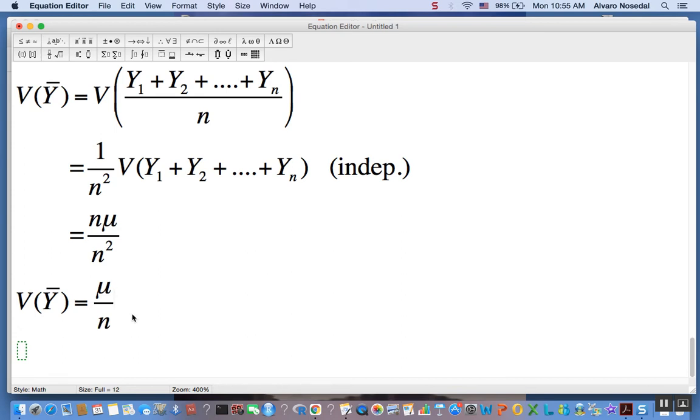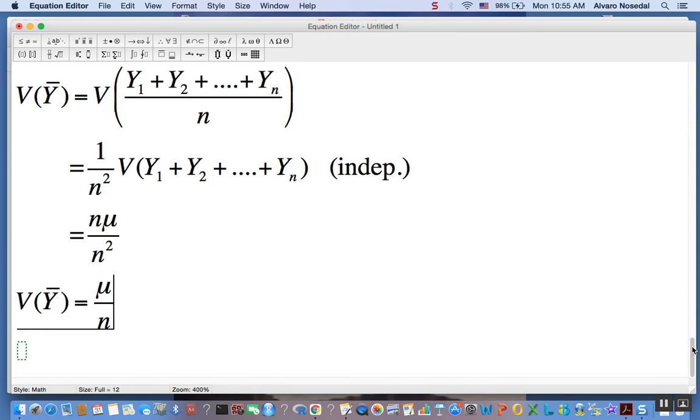So, now, why would this be useful? Well, you have the variance of y bar, okay? It turns out, right, that the equivalent sample size, if you take a look at the variance of y bar, is mu divided by n.